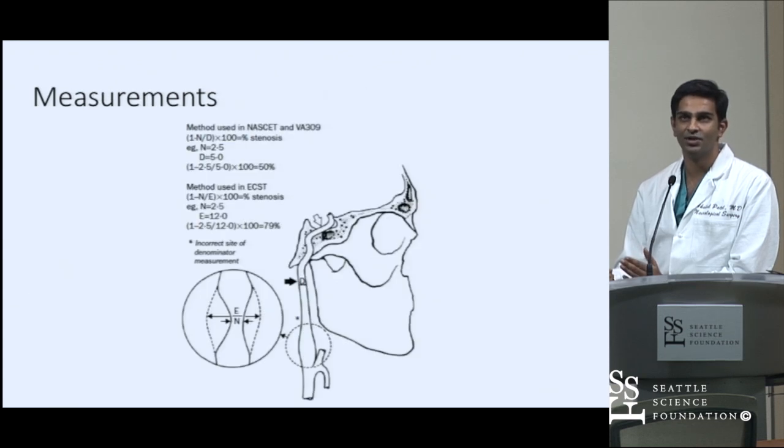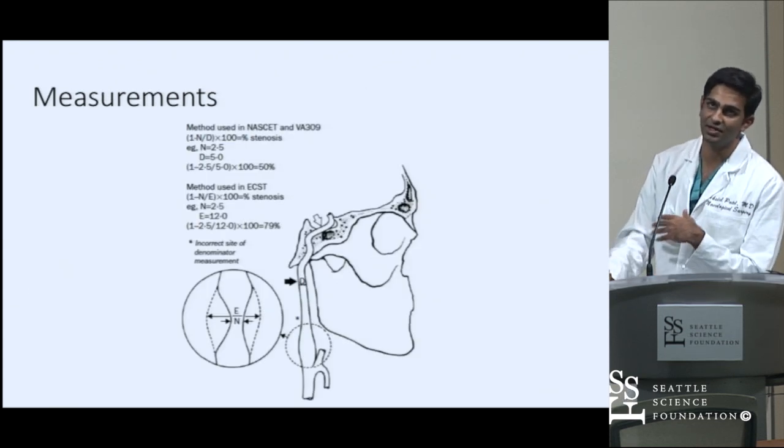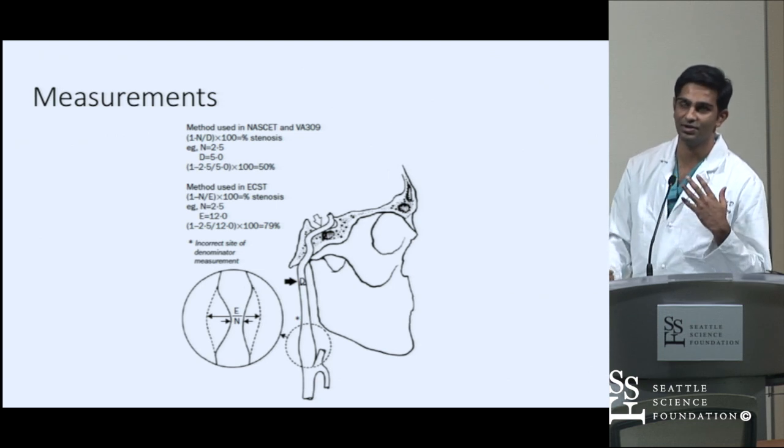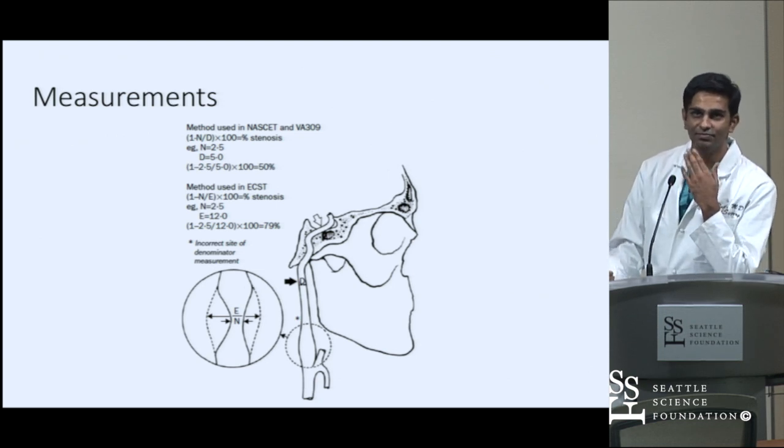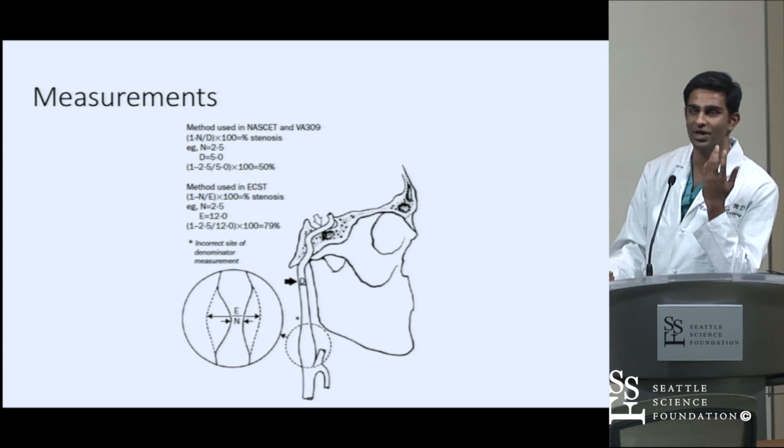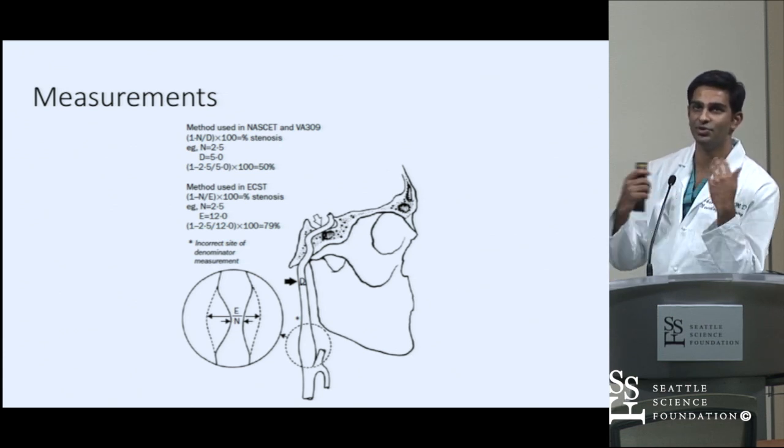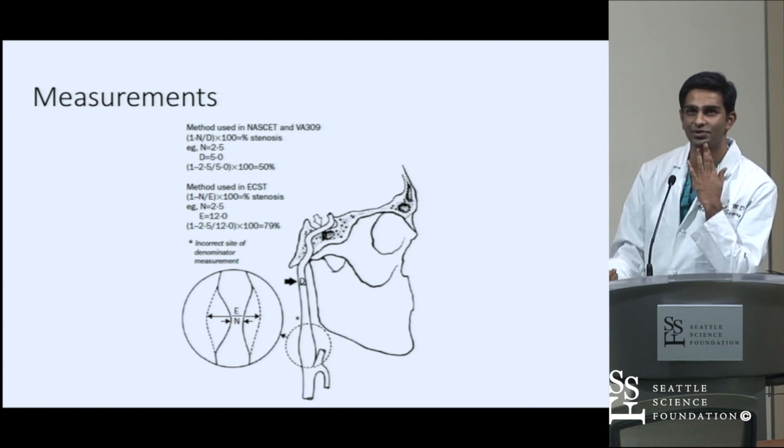Why is there a difference? Well, it's the way that they measured the level of stenosis on their imaging. There are different ways to measure this, and it has come quite far from this kind of way of measuring carotid stenosis. But we have an angiogram, and this is the easiest way to do it and to reproduce these kinds of measurements over different centers.